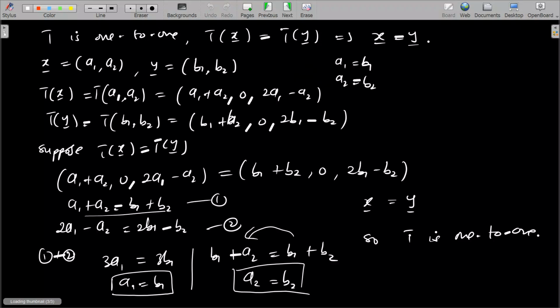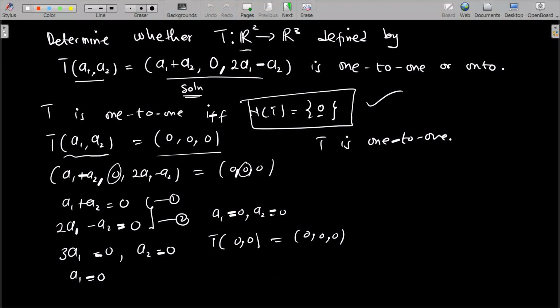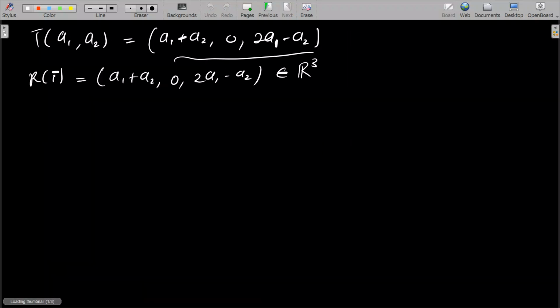The definition of T is R2 to R3, so the whole of R3 is our codomain. If we can show that the whole codomain R3 is the same as the range, then T is onto. Now, since any element you can pick in R of T will belong to R3, it means R of T is a subset of R3.